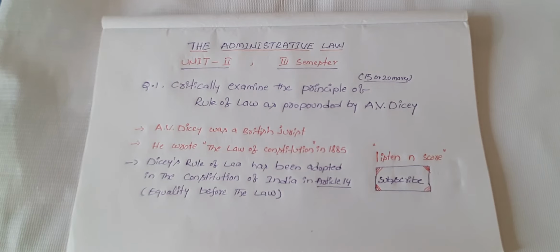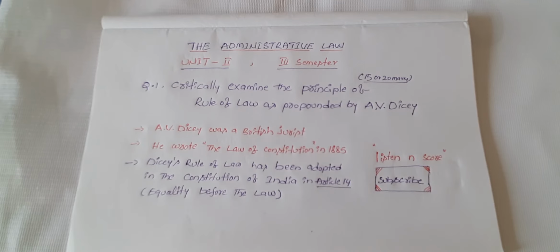Number 4, natural law or observance of the principles of natural justice. Number 5, preference for judges and ordinary courts of law to executive authorities and administrative tribunals. And number 6, judicial review of administrative actions. This is the most modern concept of the doctrine of rule of law.